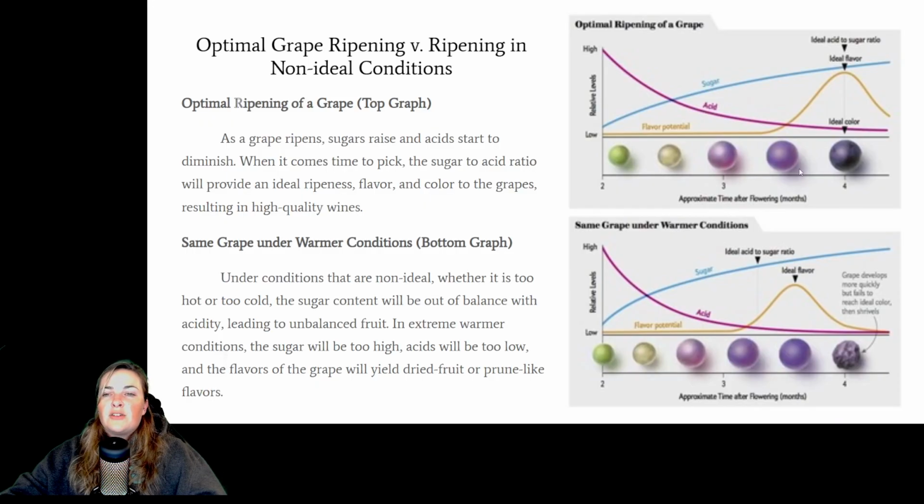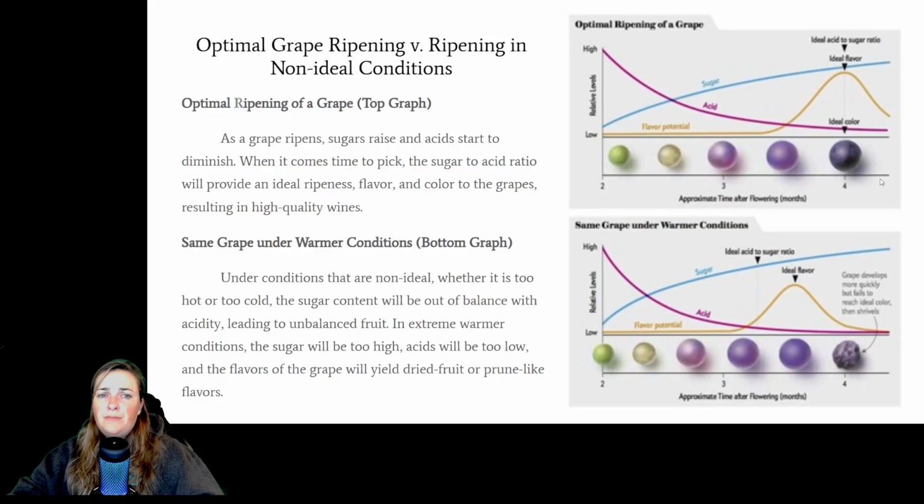They soften, they turn colors, they develop sugars, the acids drop, and then they start to form flavor and aroma compounds in the skins. As you can see, the sugar grows over time, the acid depletes over time, right around veraison, and then the flavor potential doesn't really spike until right before you pick it, right?